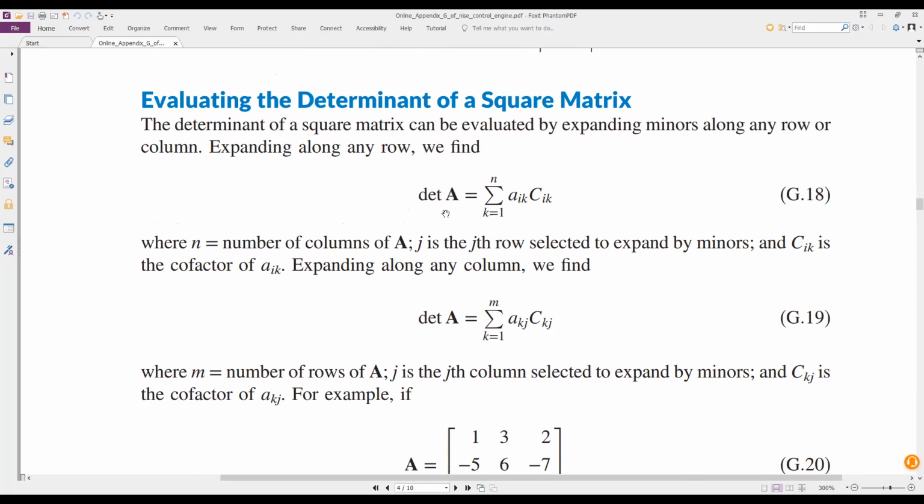The formula is determinant A is equal to the summation from K equal to 1 to N of Aik Cik, where N is the number of columns of A. J is the jth row selected to expand by minors. Cik is the cofactor of Aik. That is the formula. Okay.